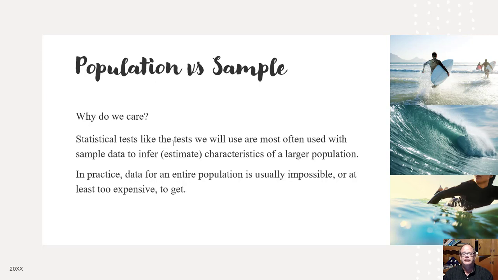Well, statistical tests like the tests we will use are most often used with sample data to infer or estimate characteristics of a larger population. In practice, data for an entire population is usually impossible, or at least too expensive to get. So we use samples, and thus we want to understand the difference between a sample and a population. It's possible to get population data in some situations. It's just quite unusual.